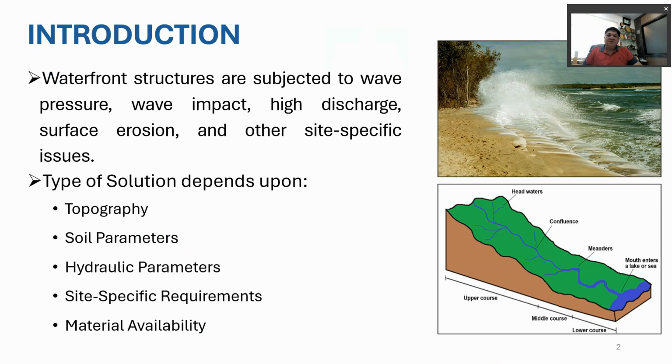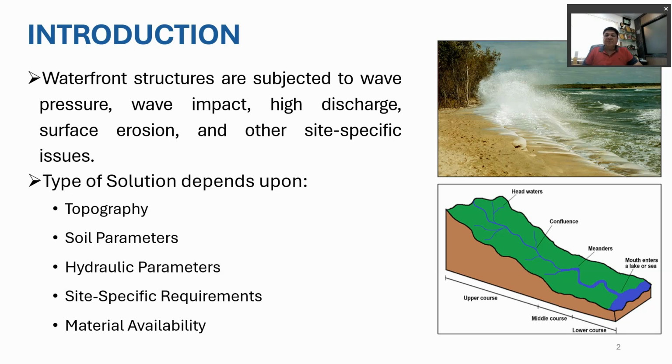All waterfront structures are subjected to different kinds of disturbances like wave pressures, wave impact, high discharge, and surface erosion, and some are site-specific issues that have to be overcome for the performance or for the prevention of erosion of the riverbank and the seashore.